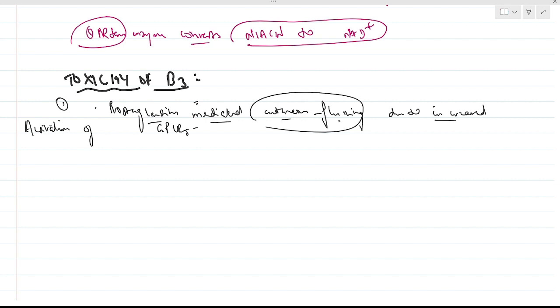Why? Due to increased activation of GPCRs, that is G protein coupled receptors.